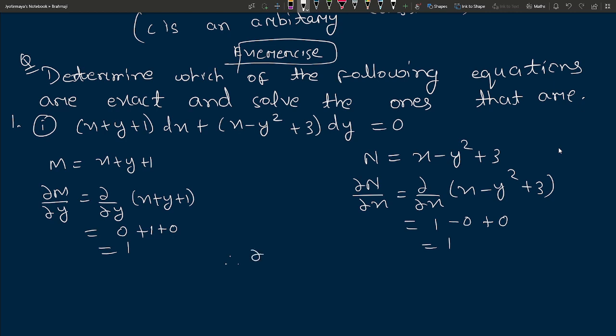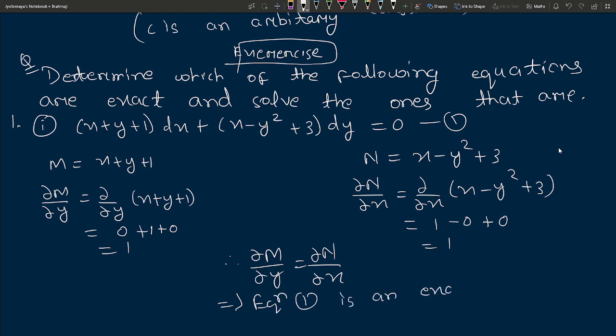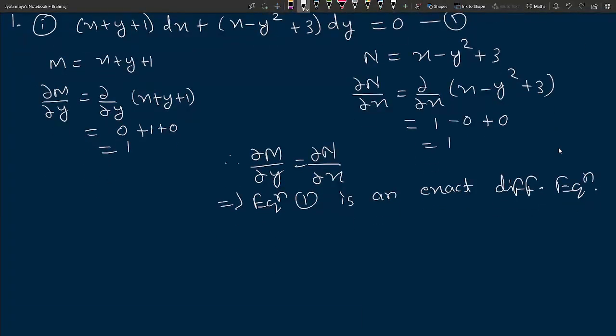So you write del M by del y equal to del N by del x. This implies the given equation, suppose this is your equation 1, is an exact differential equation.